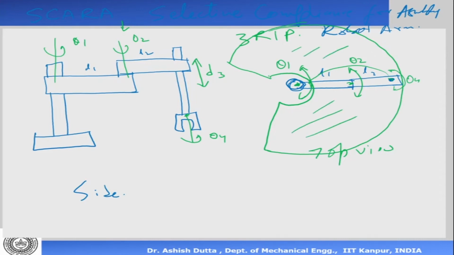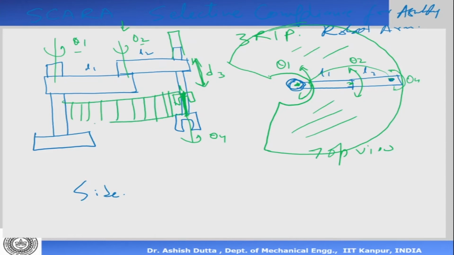Now when I look from the side view, what we can see is this can move up and down. That means this end effector can go up and down, so it can come till the top here. This is a straight line. Now this straight line can be swept when theta 1 and theta 2 move.